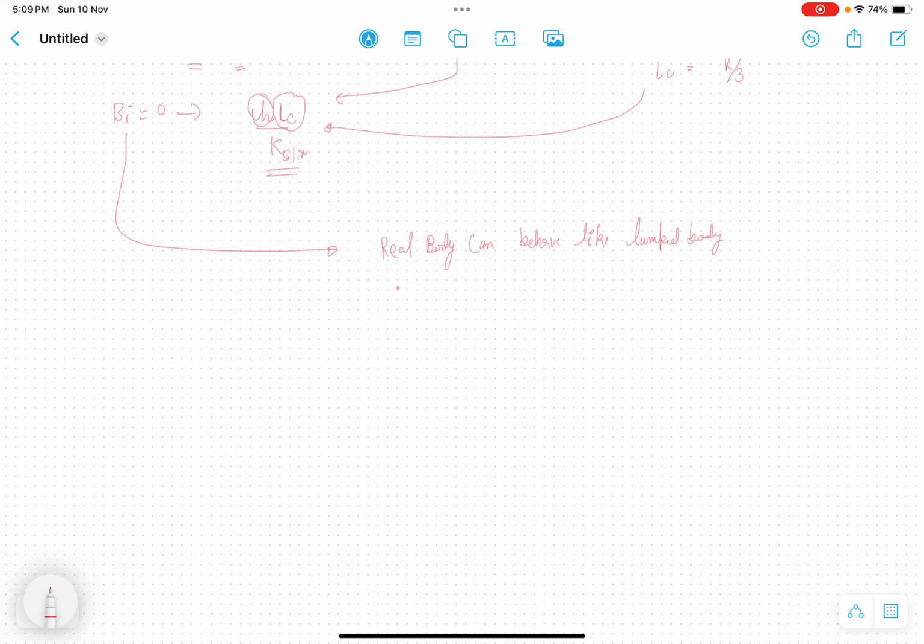three cases. K should be very high relative to other bodies. Okay. And size should be small.